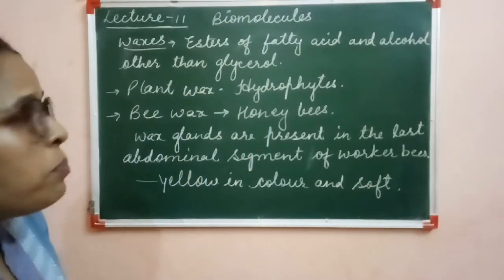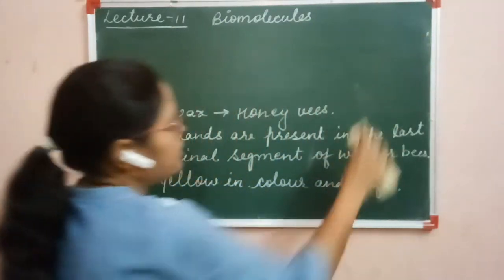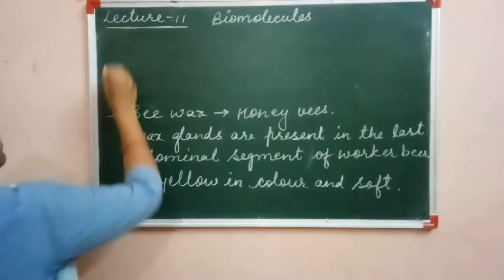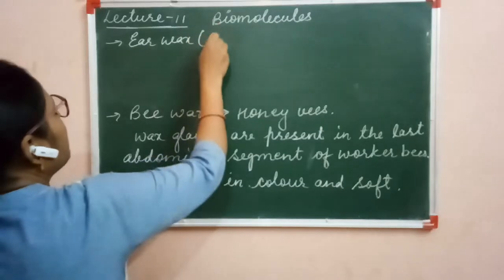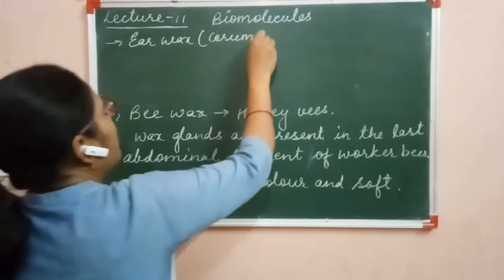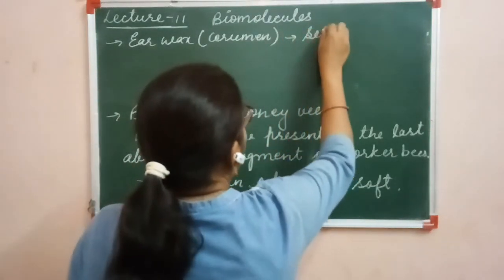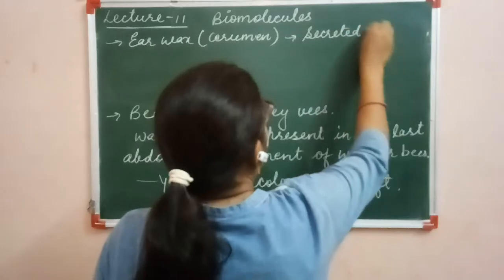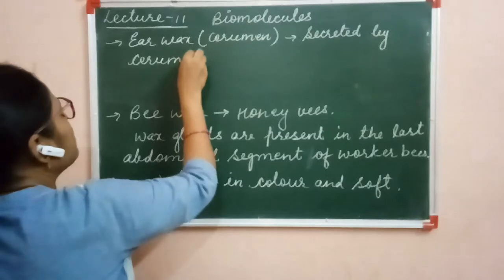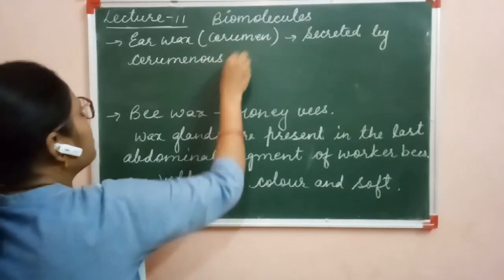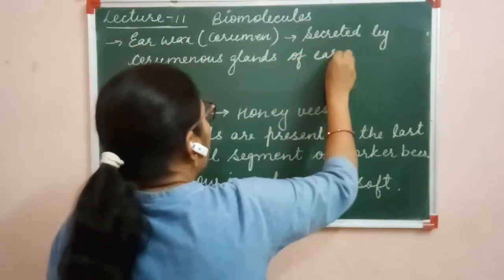Clear? The next type of wax is called ear wax, which is also called cerumen. This cerumen is secreted by the ceruminous glands of the ear.